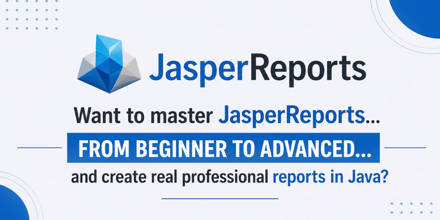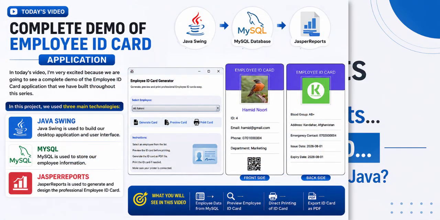In today's video, I'm very excited because we are going to see a complete demo of the employee ID card application that we have built throughout this series. In this project, we use three main technologies: Java Swing, MySQL, and JasperReports. Java Swing is used to build our desktop application and user interface.